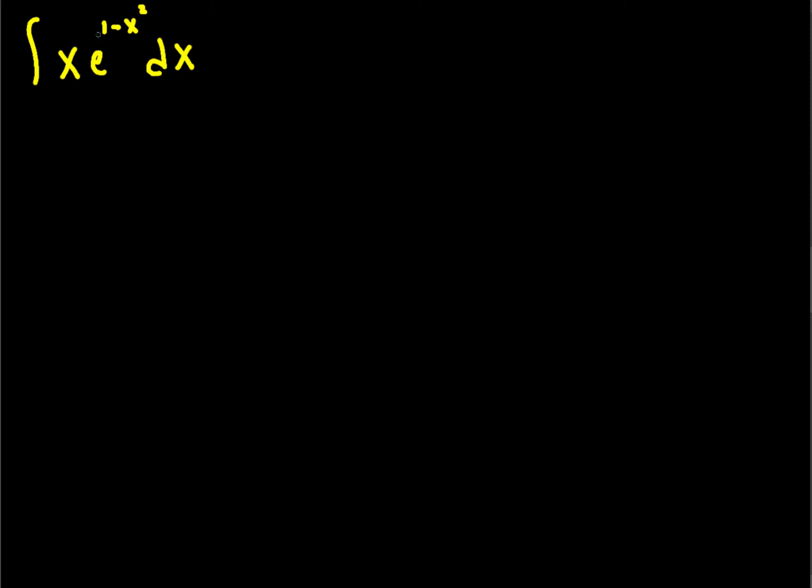I've got a number of functions going on here, but namely, I've got 1 minus x squared in the exponential function, right? This is going to be my guess for u. So let's let u equal 1 minus x squared. Then du is equal to negative 2x dx.